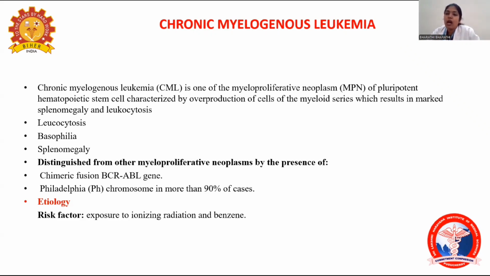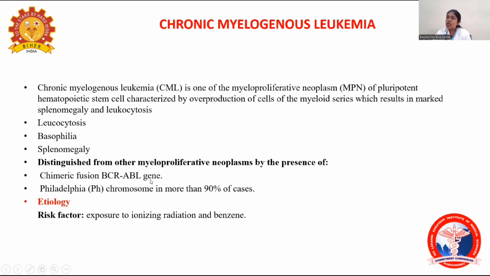Okay, so how do you differentiate this CML from other myeloproliferative neoplasms? What is the key point that you will distinguish? This is CML. This is not another myeloproliferative neoplasm. How will you differentiate? It is distinguished from other myeloproliferative neoplasms by the presence of the chimeric fusion BCR-ABL gene.